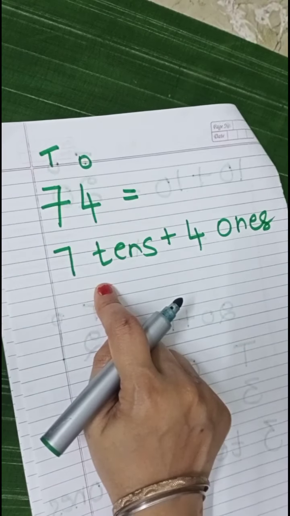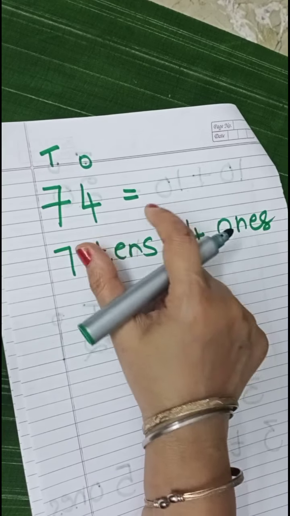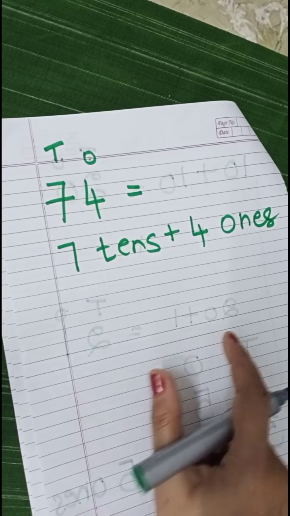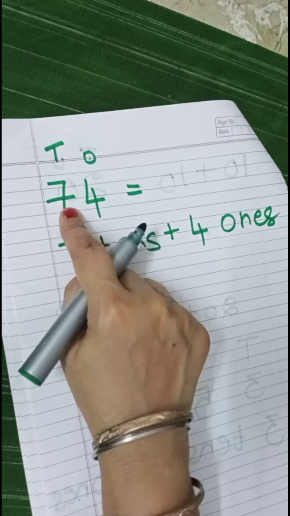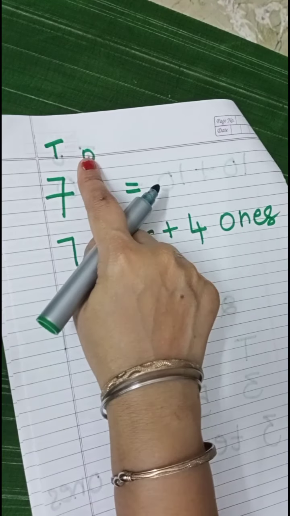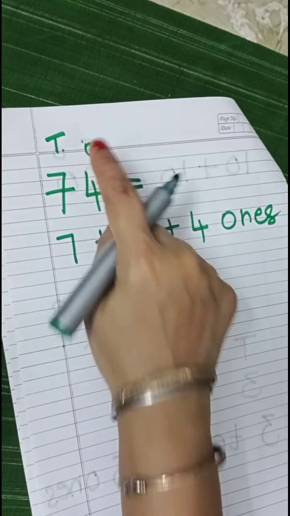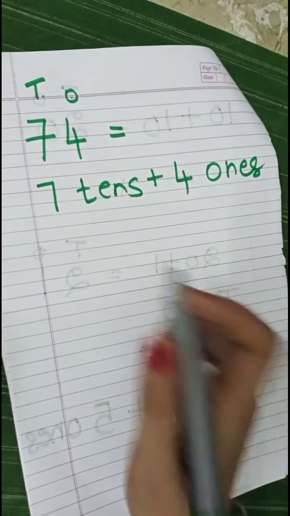I have shown you the set of math sticks: 10, 20, 30, 40, 50, 60, 70, 80, 90 and 100. Did I show you or not? Yes. So 70 means 7 tens. 7 tens and 4 ones. Clear or not clear?